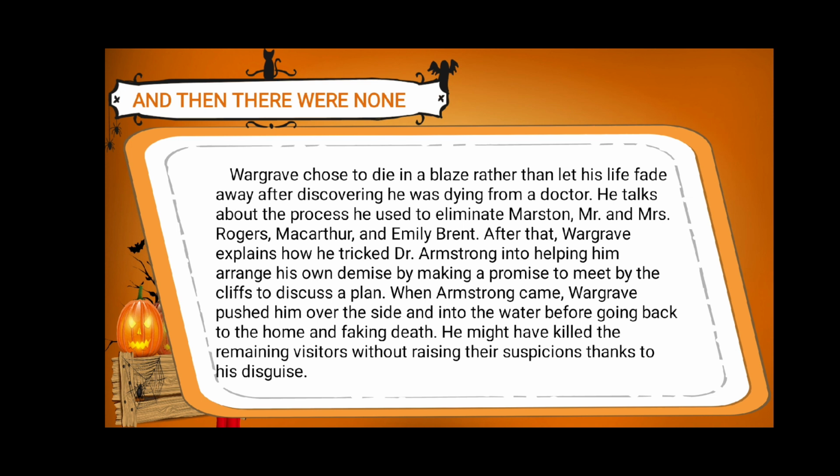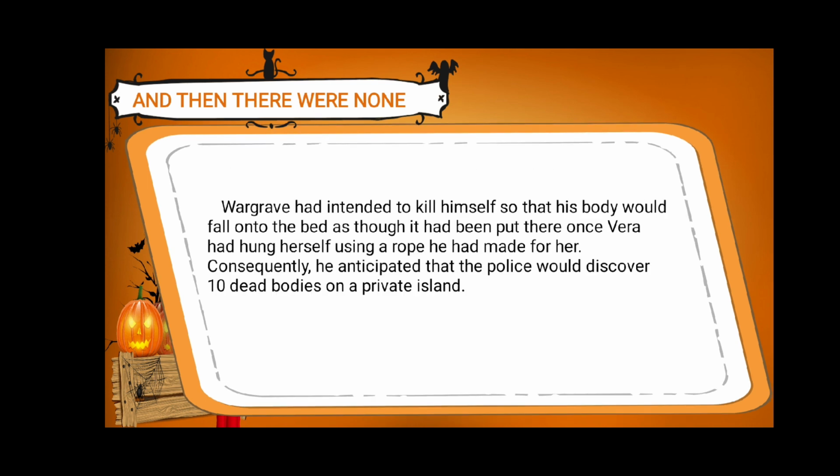He was able to kill the remaining visitors without raising their suspicions thanks to this disguise. Wargrave had intended to kill himself so that his body would fall into the bed as though it had been put there once Vera had hung herself using a rope he had made for her.